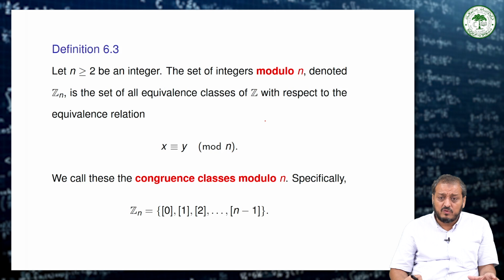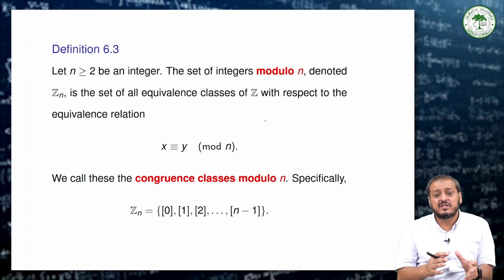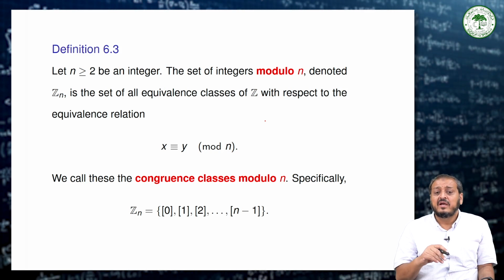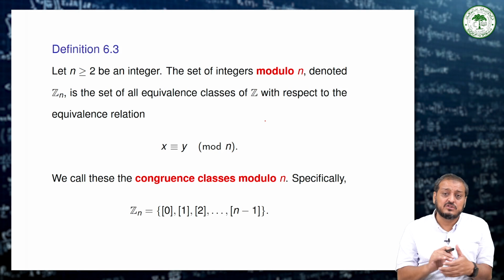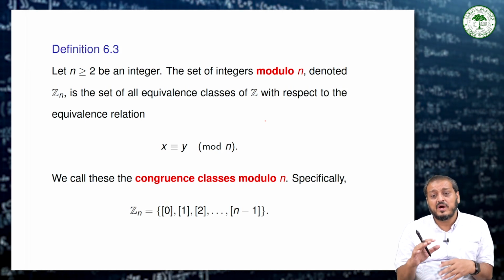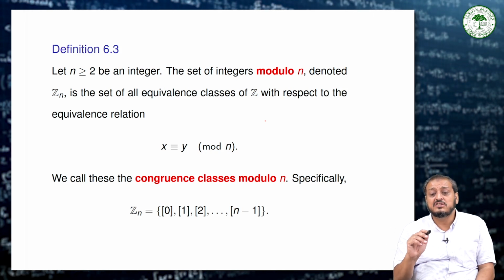Now we have another definition. Let n be an integer. The set of integers modulo n, denoted by Zn, is the set of all equivalence classes of Z with respect to the equivalence relation x congruent to y mod n. We call these congruence classes modulo n.